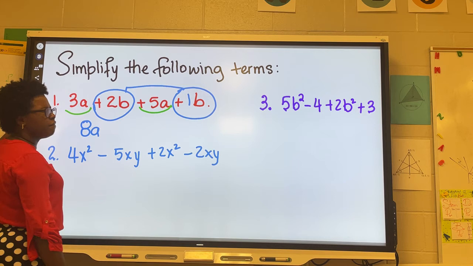Let's try another one. Just to get you familiar with this, if you have negative 10x squared plus 3x squared. Here, I'm going to draw my negative positive chart. Negative 10, so the 10 will be negative, so I put it right here. And the 3 is positive, so it goes over this side.